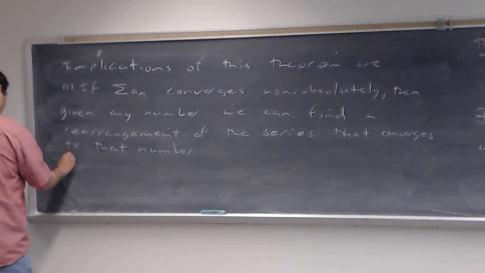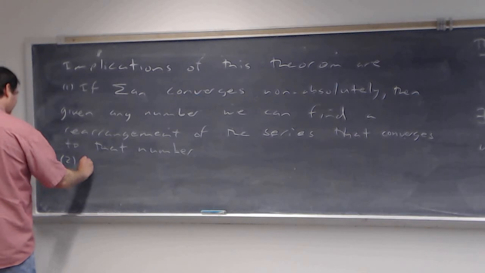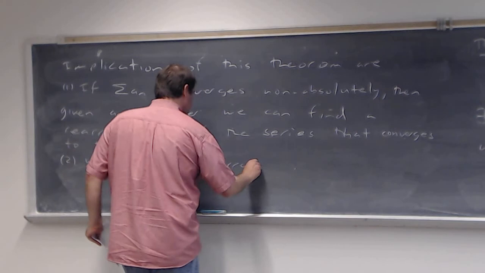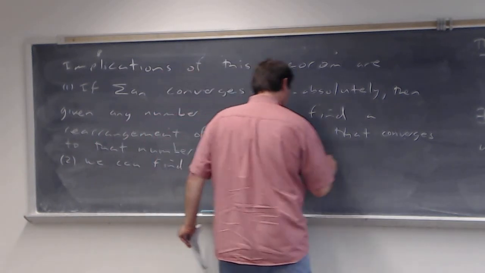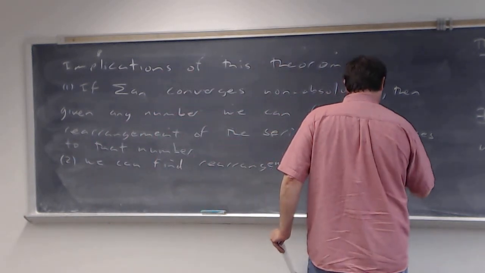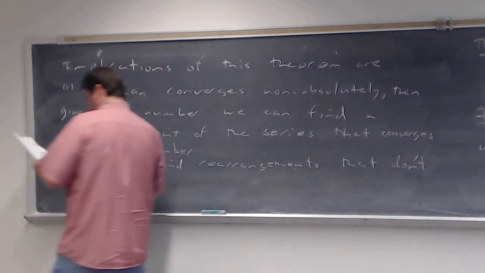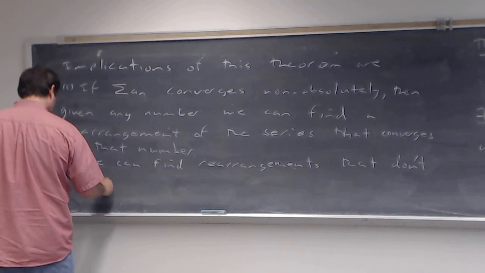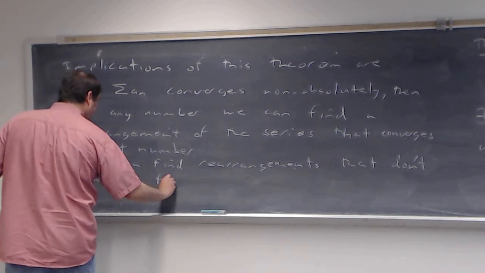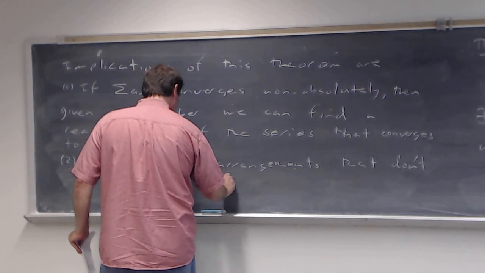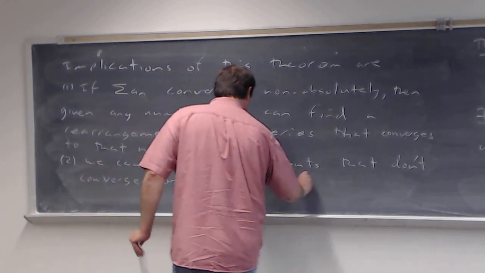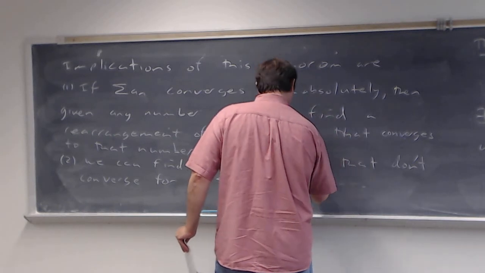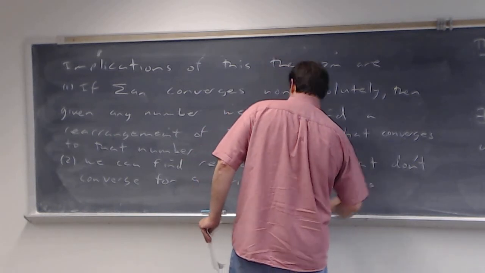And then two, we can find rearrangements that don't converge for a series that converges non-absolutely.